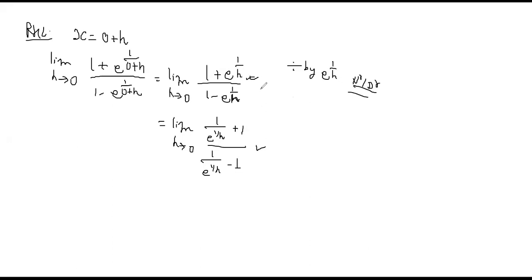I am telling you, (1 plus e raised to power 1 by h) by e raised to power 1 by h, upon (1 minus e raised to power 1 by h) by e raised to power 1 by h. If you divide both the numerator and denominator, the question will be unchanged.